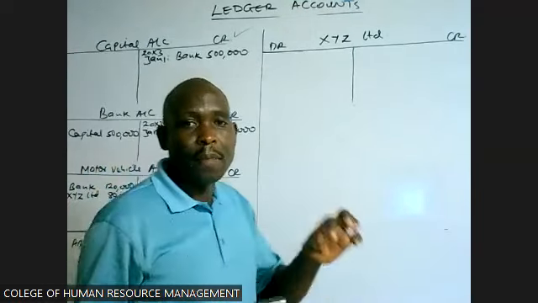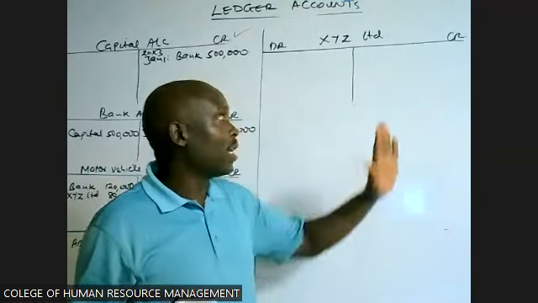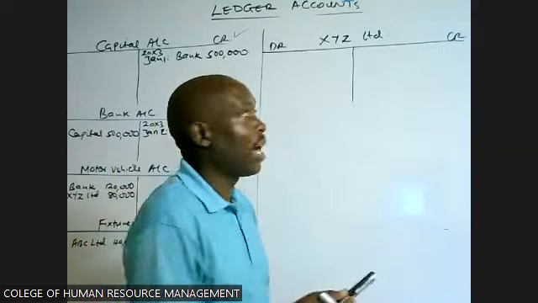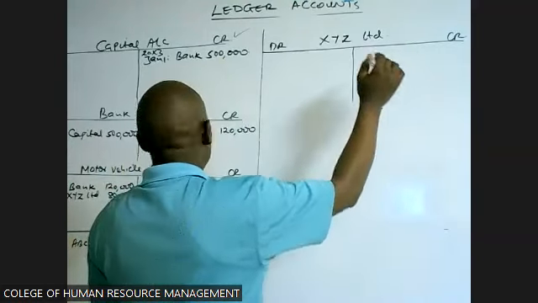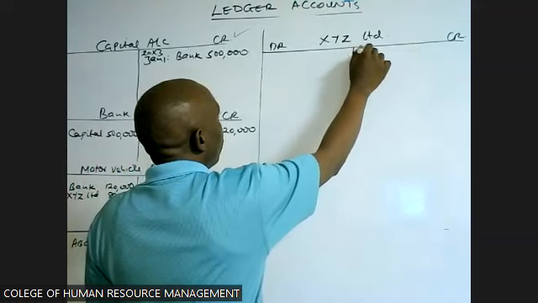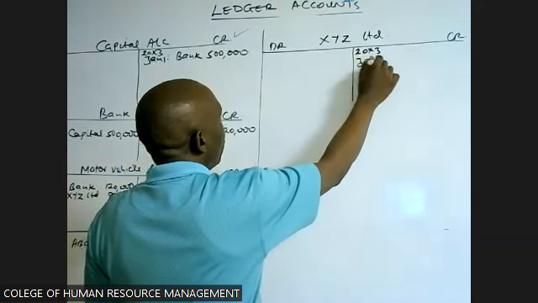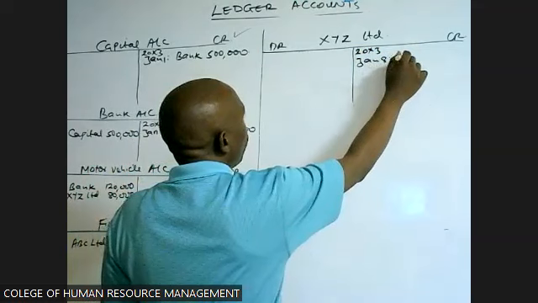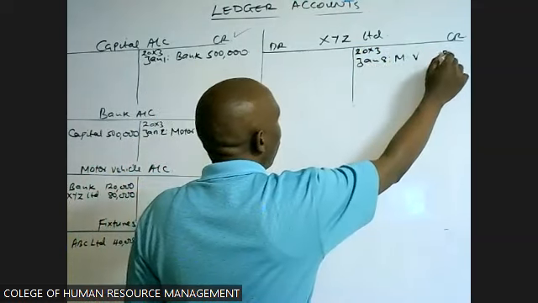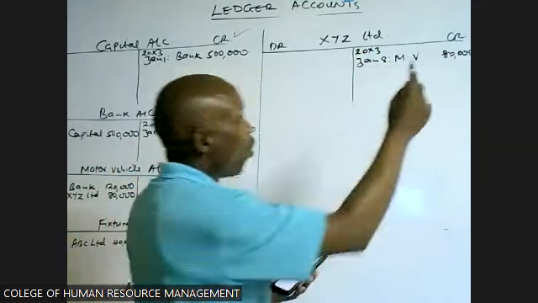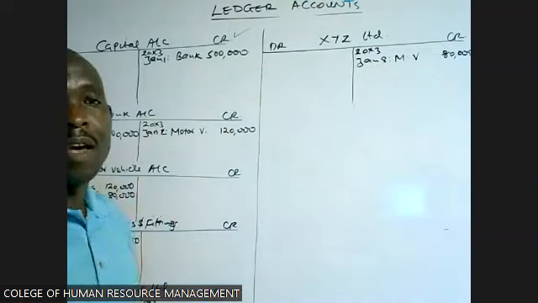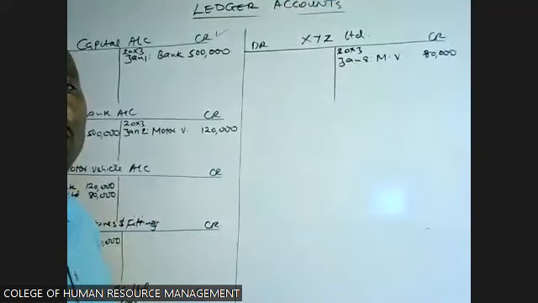Anytime a supplier has supplied something on credit, credit his account. So you write here 20x3. This is January 8th. We bought a motor vehicle from that supplier of 80,000, or we owe that supplier 80,000 as a result of credit purchase of motor vehicle.